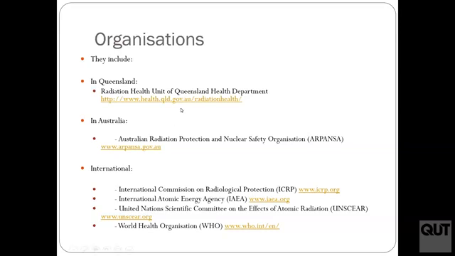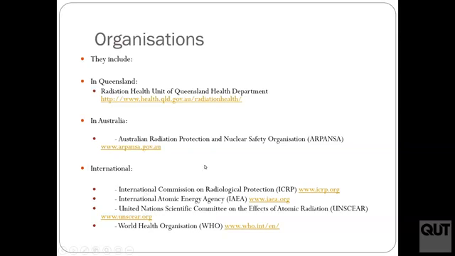The Radiation Safety Act comes from Australian recommendations, which are set out by ARPANSA, the Australian Radiation Protection and Nuclear Safety Authority. If you go to the ARPANSA website, you can find various documents.